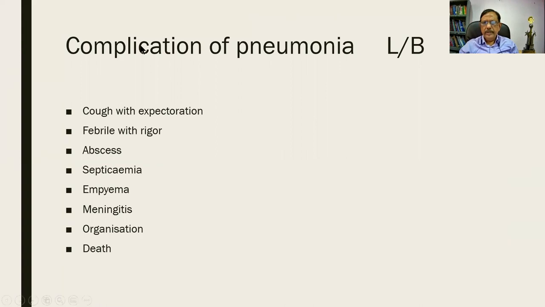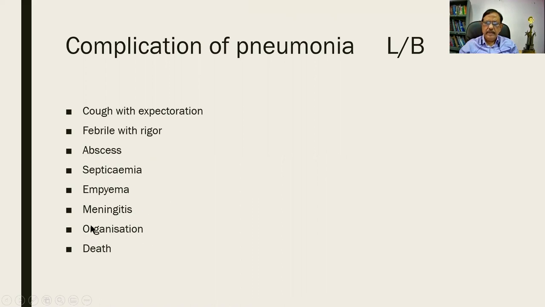Now, what are the complications of pneumonia in general? There is a cough with expectoration. Patient has fever with rigor. Sometimes it can result in a localized abscess. Spread of infection through the blood can lead to septicemia. Spread to the thoracic cavity can lead to an empyema. Meningitis is one of the important complications.